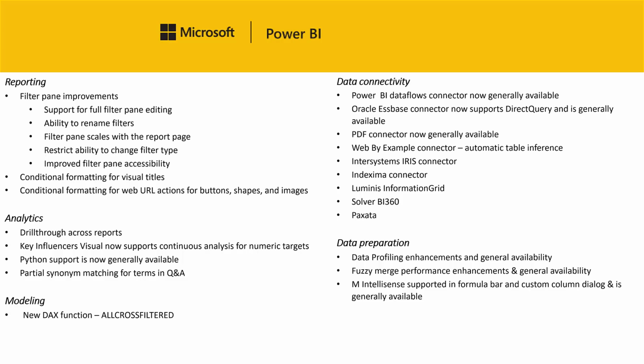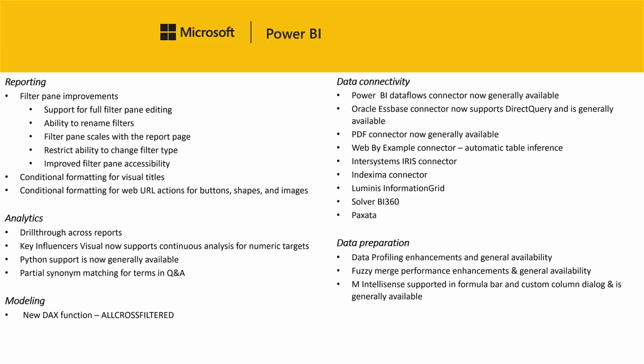Another connector hitting general availability this month is the PDF files connector. This is one of the most requested connectors from the Power BI Ideas Forum. We've been getting lots of good feedback on it while it's been in beta and been making some incremental enhancements. And so we're very, very happy to announce that it's now generally available for you to use.